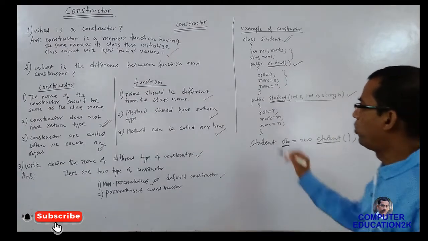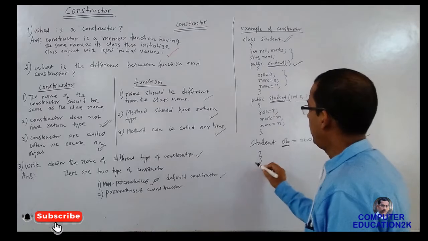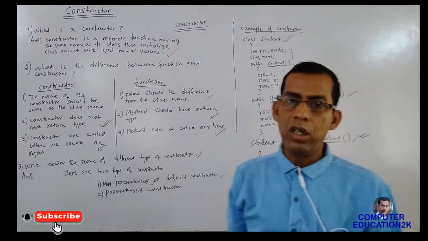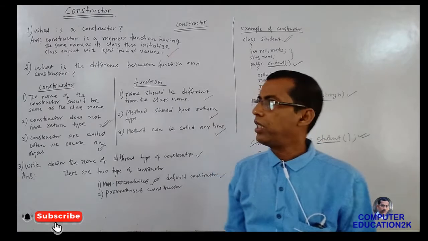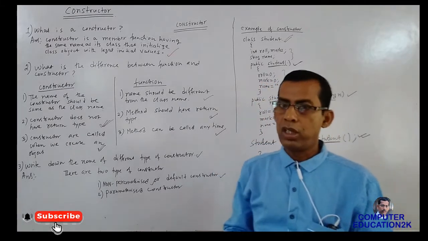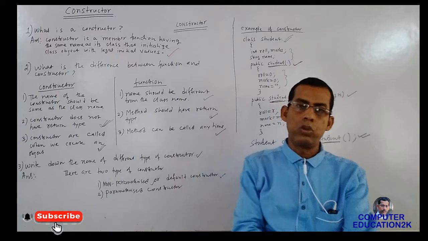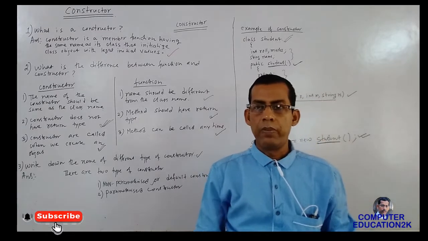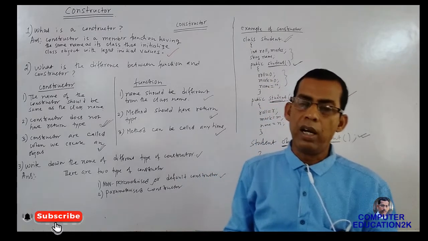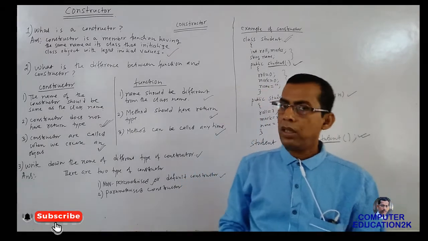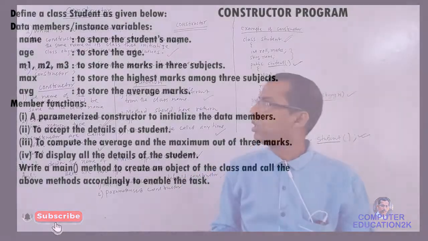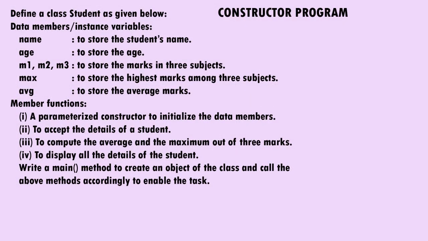So this way a constructor can be invoked at the time of the creation of the object. So this is the main difference between a function and a constructor: a constructor is used to initialize the object of a class. Okay, now we will do some programs on constructor.